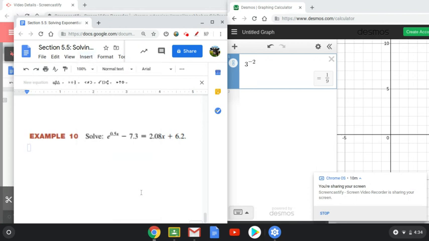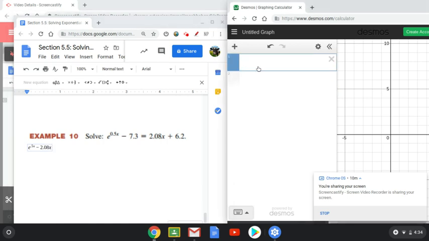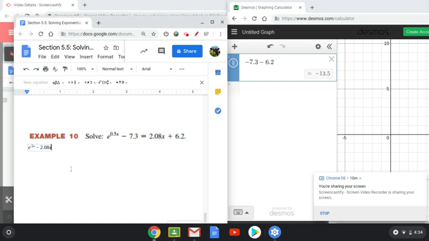So my first step here is to make this equation say e to the 0.5x minus 2.08x. Then I'm going to type this one in Desmos, negative 7.3 minus 6.2. That's negative 13.5. Okay, equals 0.